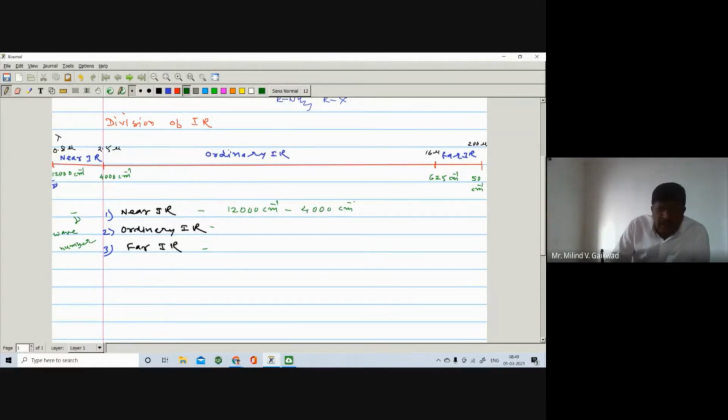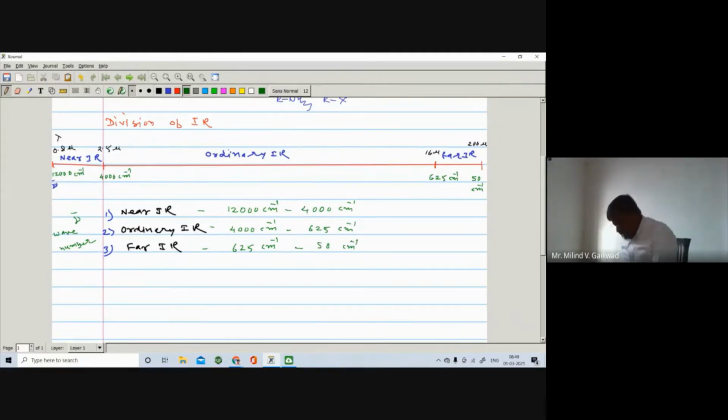Then ordinary IR is from 4,000 centimeter inverse to 625 centimeter inverse, and 625 centimeter inverse to 50 centimeter inverse. So this is the division of IR.